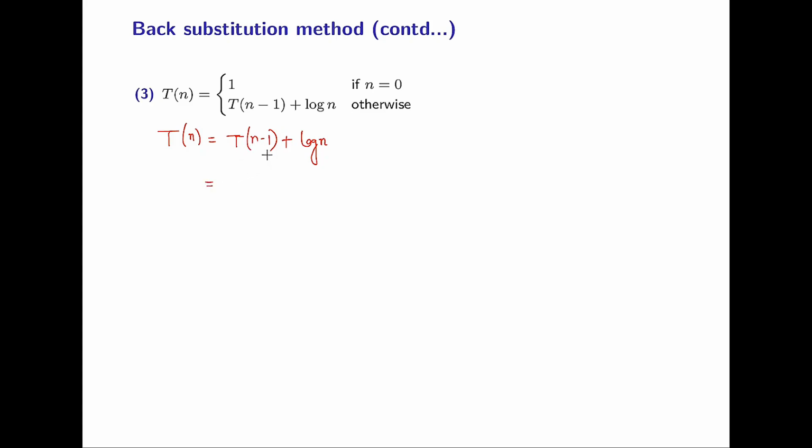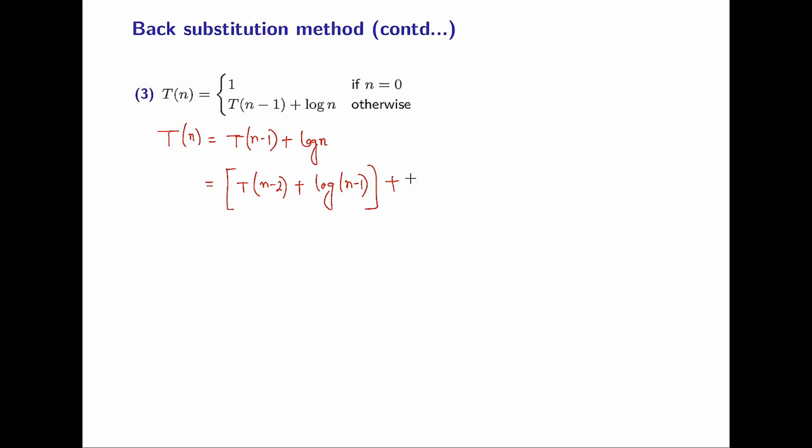In place of T(n minus 1), I can write T(n minus 2) plus log(n minus 1). Why? Because when it was n, Tn is equal to T(n minus 1) plus log n. Now our n is n minus 1, so T(n minus 1) equals T(n minus 2) plus log(n minus 1).